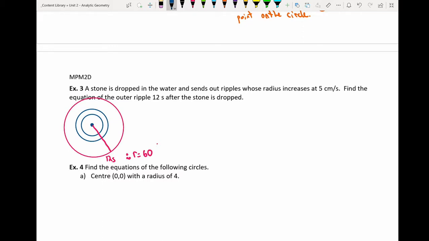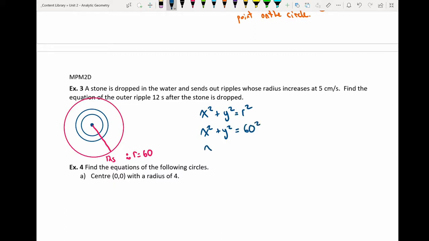And now I need to come up with an equation. I know it's going to be x squared plus y squared equals r squared. I'm going to assume that the center is at (0, 0). It doesn't tell me, but I can assume that since it's not on a graph, I can place the center wherever it fits. x squared plus y squared equals r squared. x squared plus y squared equals 60 squared, or my radius squared.